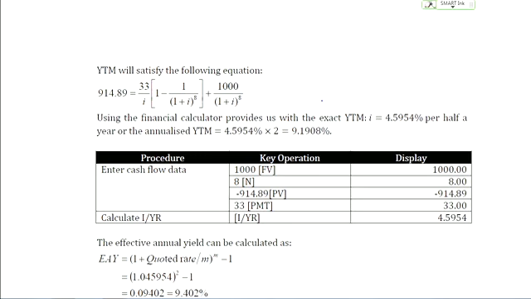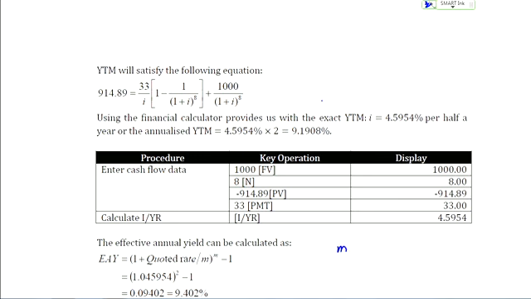So after you calculate the YTM, the next step is to calculate the effective annual yield. This one is from your lecture 1, where the effective annual yield is the following formula: 1 plus quoted rate divided by m, to the power of m, minus 1. So what is m?